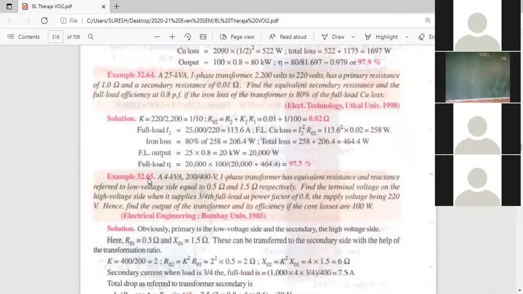Have you taken the problem? Yes, sir. Okay, see here. S is equal to 25 kVA. He is giving R1 is 1 ohm.